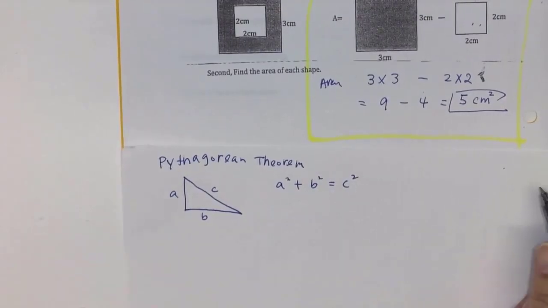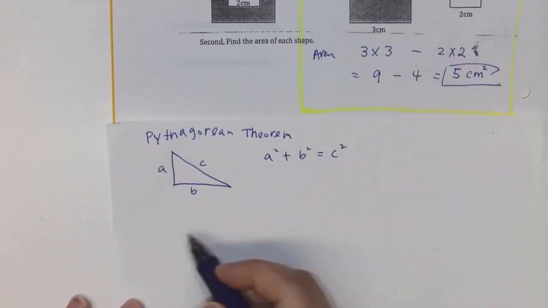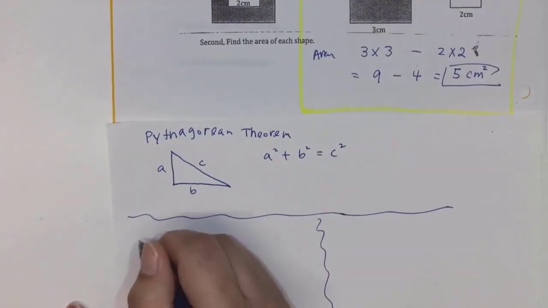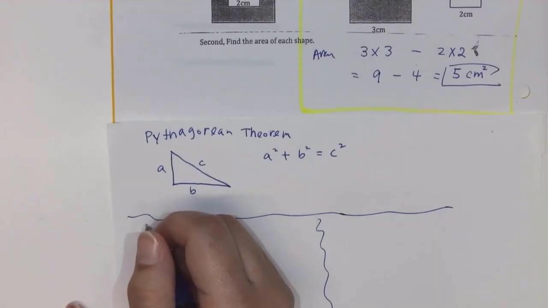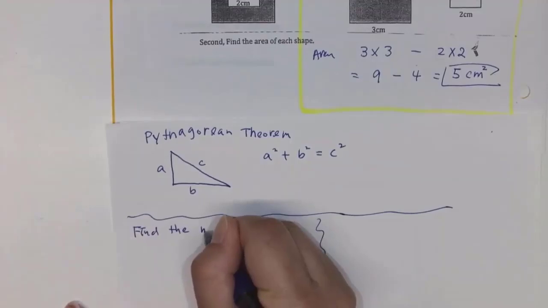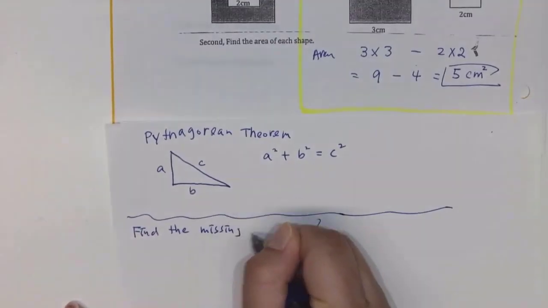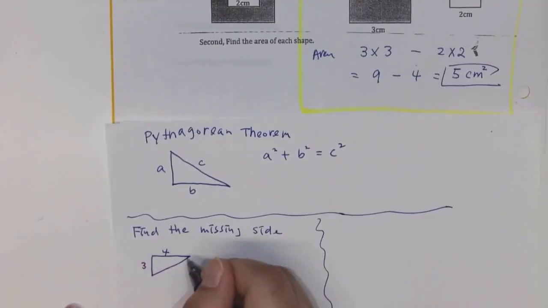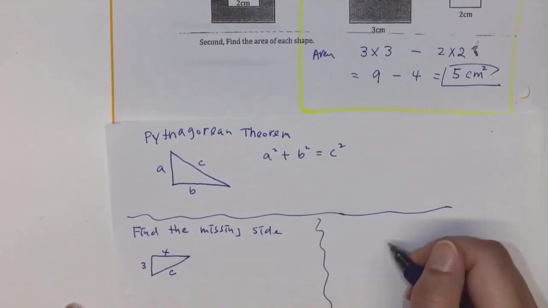So let's do two examples because I don't know which one you will get from your homework or the test. So they say find the missing side. So one of them I have 3, 4, and I don't know this guy.